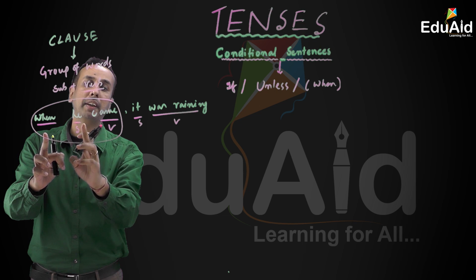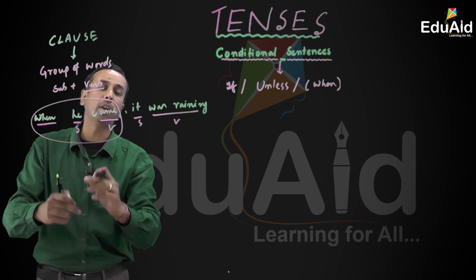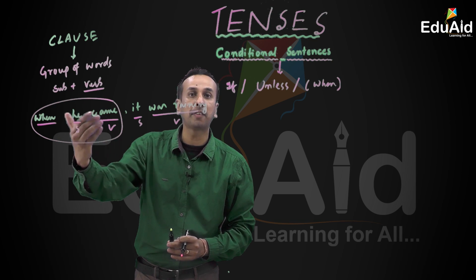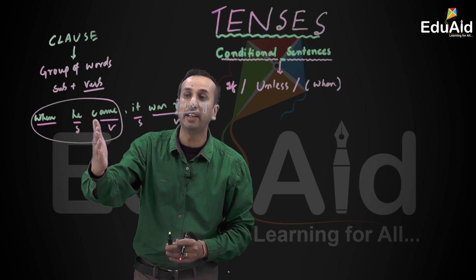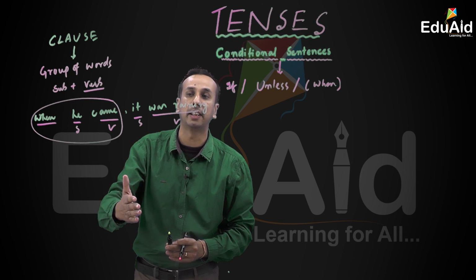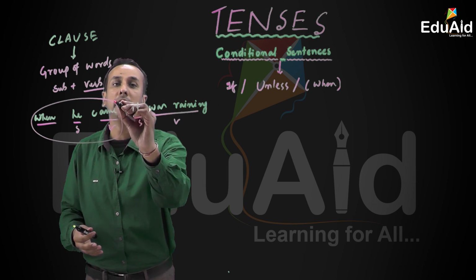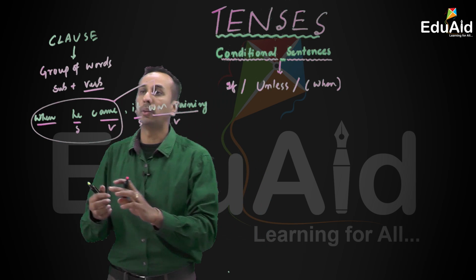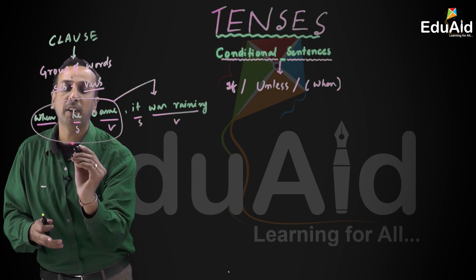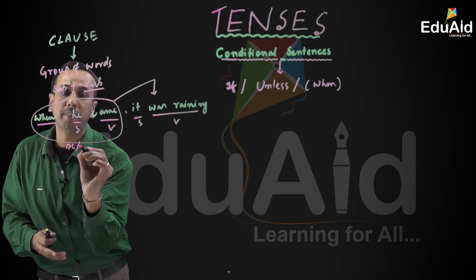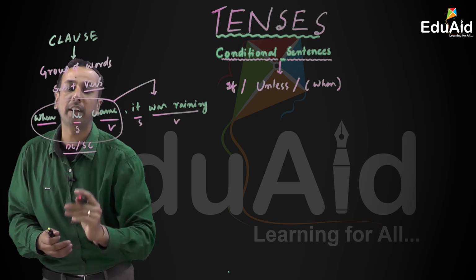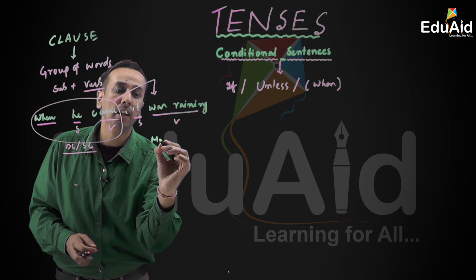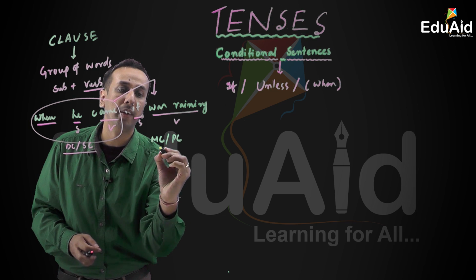Despite this part having a subject and a verb, it cannot be a complete or an independent sentence. We can say it in speech, but in writing, when he came can never be a complete sentence. It will only be a complete sentence when we add this part to it: it was raining. The first part we call the dependent or subordinate clause, and this part will be known as the main or the principal clause.